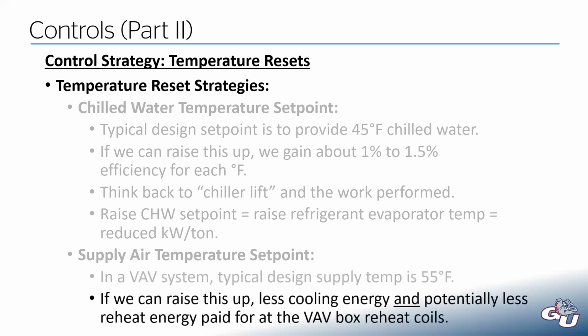If we can raise that supply temperature leaving the air handling unit, well, now that's less cooling energy and potentially less reheat energy at the reheat coils. The idea is we're kind of preheating the air a little bit more at the air handling unit, and now the reheat coils don't have to work as hard.